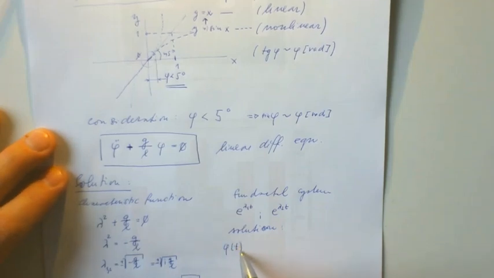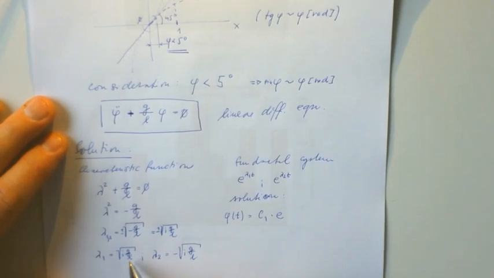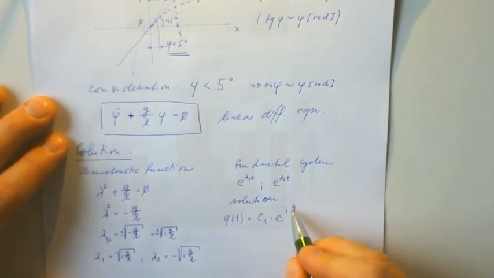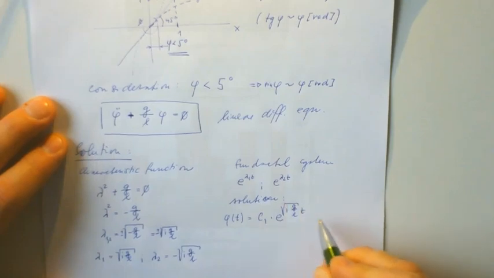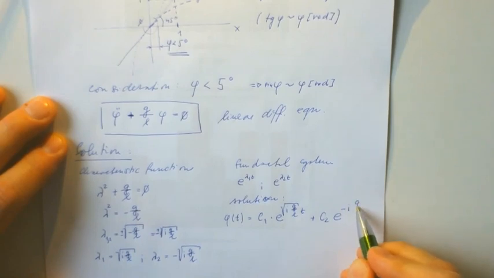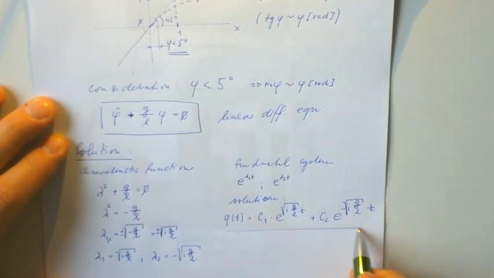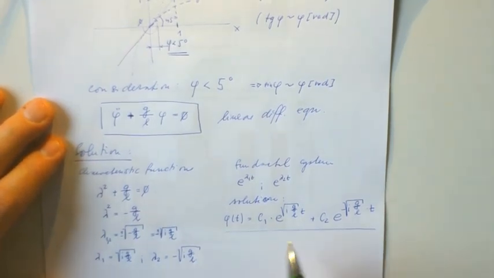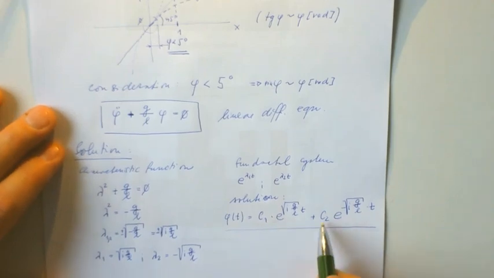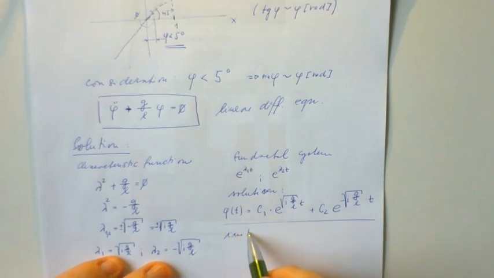Phi in t is equal to constant C1 times e to the power of lambda 1 t, where lambda 1 is this, i square root of g over L, plus C2 e to the power of minus i square root of g over L times t. So this is the solution, but we don't know C1 and C2. We are going to calculate them from initial conditions.